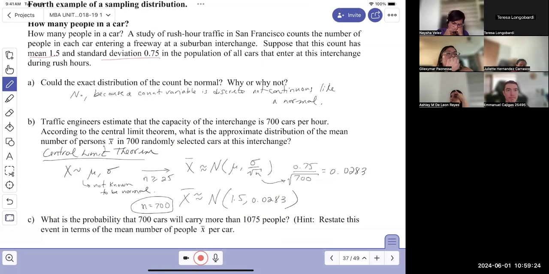So now we're going to use this distribution. Remember, it's a mean. So this is the average number of people in a car in a sample of 700.